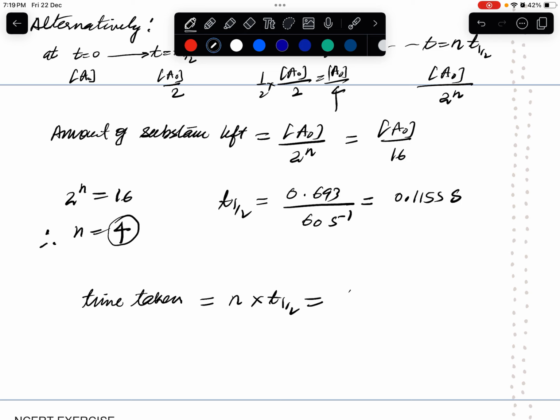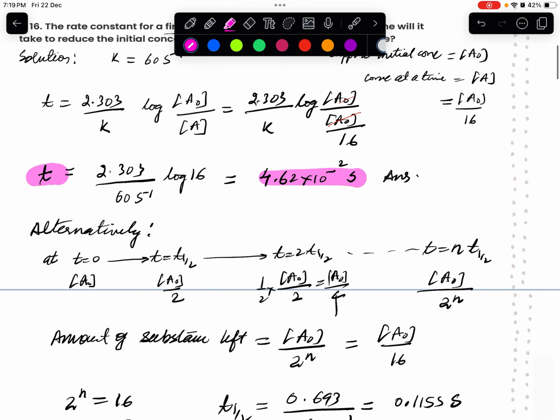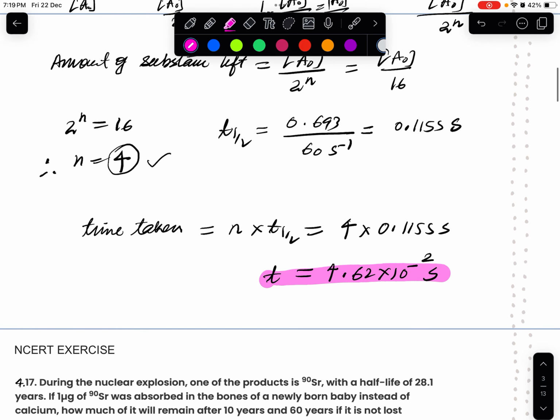In our case, 4 half-lives multiplied by 0.1155 second gives 4.62 into 10 raised to the power minus 2 second. This is the time taken. The same answer we get from both the first and second methods.